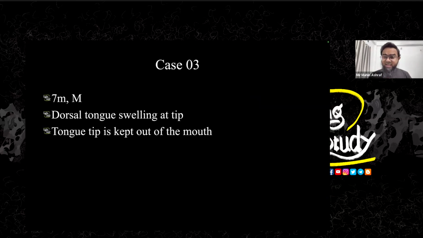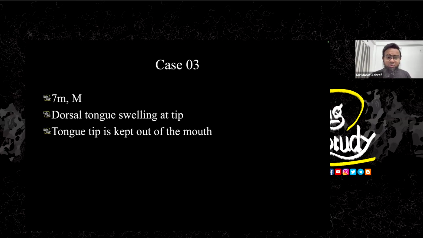So now come to case number 3. It's a 7-month-old male baby. He was sent by a dentist for evaluation of his tongue lesion. There was a big tongue lesion, and I was trying to take a picture, but couldn't get the consent from the patient's authority or the patient's mother, so we couldn't proceed.